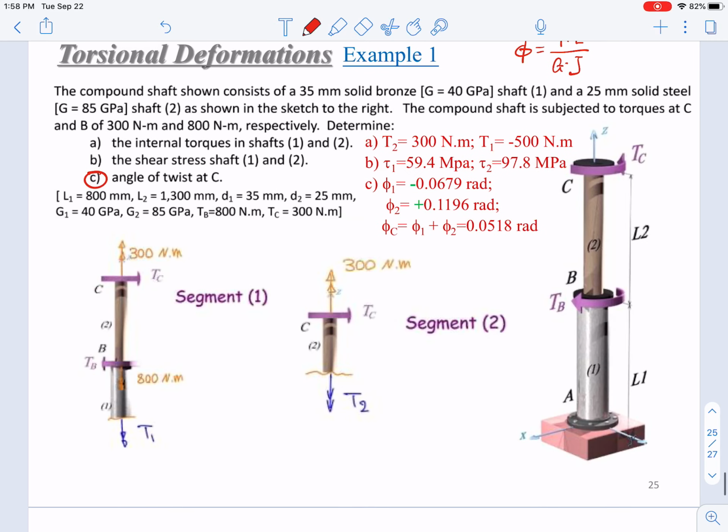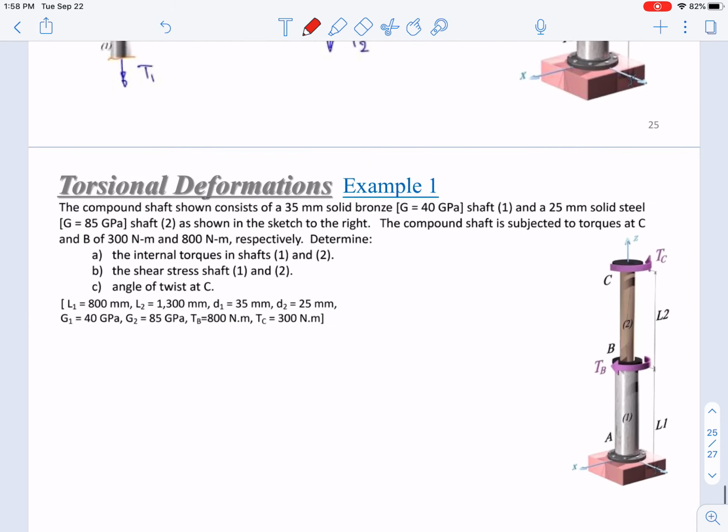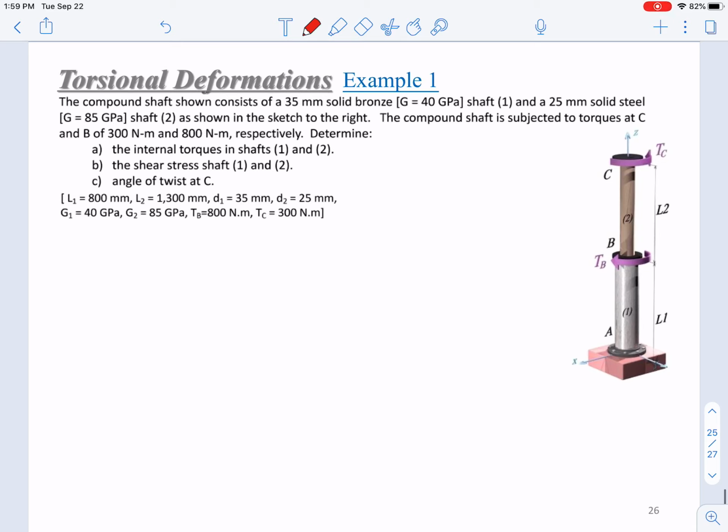The first one is internal torques. We will need to draw the free body diagrams to determine the internal torques. So to solve question A, we will start from the free body diagram.